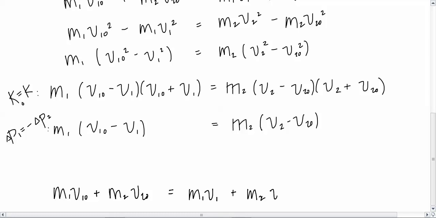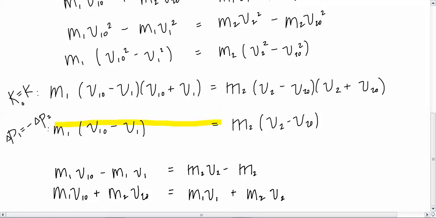Now again, let's get m1 on the left side, and let's get m2 on the right side. Maybe you can already see how this equation right here, I'll highlight it in yellow, could come from our conservation of momentum.